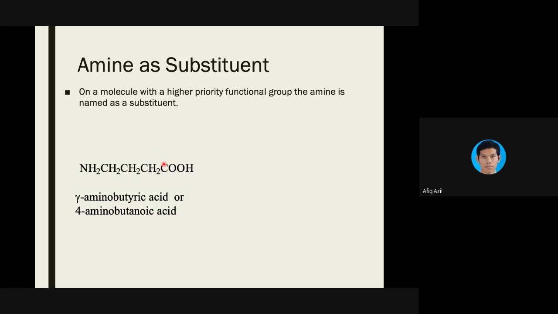So it will be 1, 2, 3, 4. This NH2 is bonded to carbon number 4. Hence, once NH2 is a substituent, it is written as amino. 4-amino butanoic acid. This one is another common name, but the one over here is the IUPAC name. So 4-amino butanoic acid.